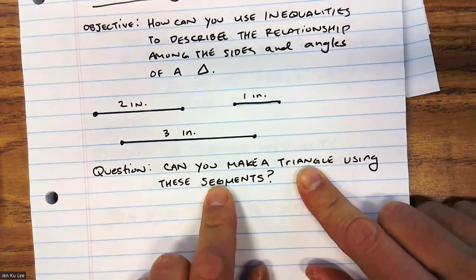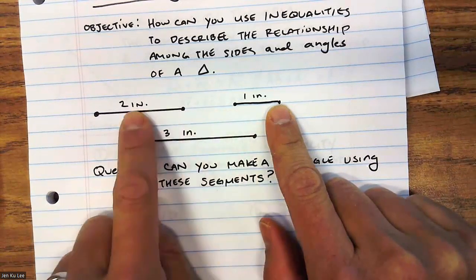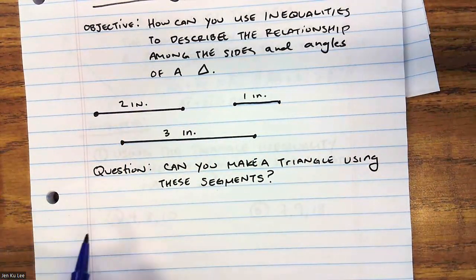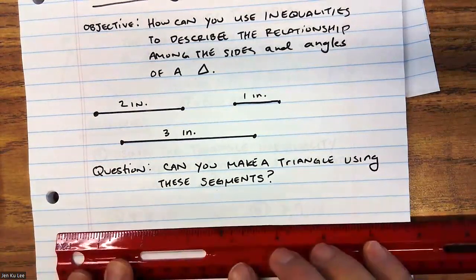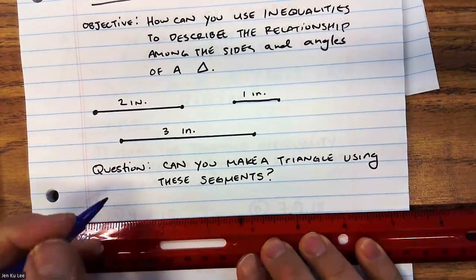No, the answer is no, because if I have a 1 inch and a 2 inch and I put them together, what's 1 plus 2? What is 1 plus 2, class? 3, right?